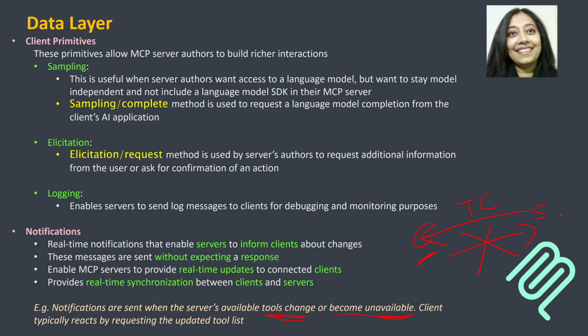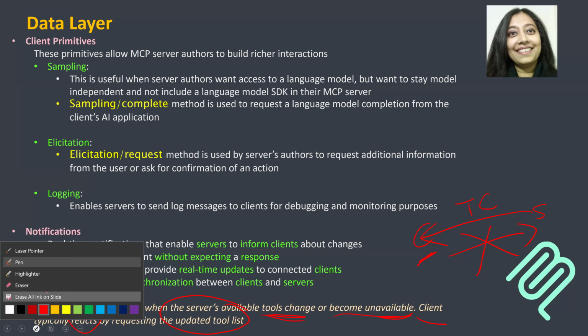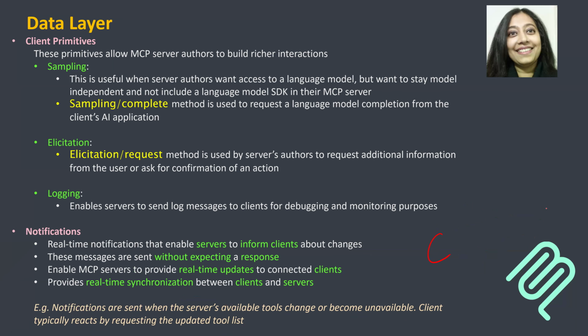It's one-way communication. What the client does is react by requesting an updated tool list. So you told me that, okay, your tools have changed, and some of the tools are going to become unavailable. So I am going to, as a client, reach out to you and ask you for your tools list.